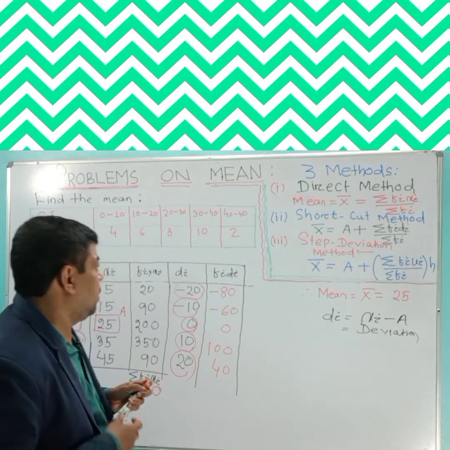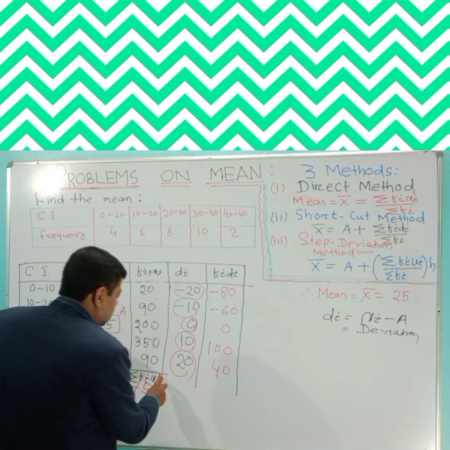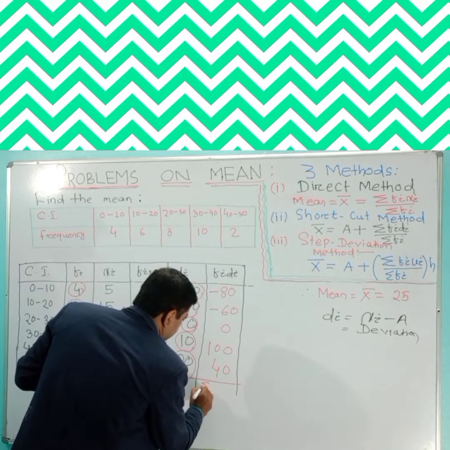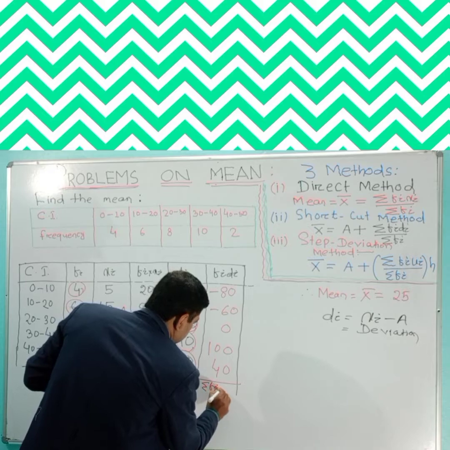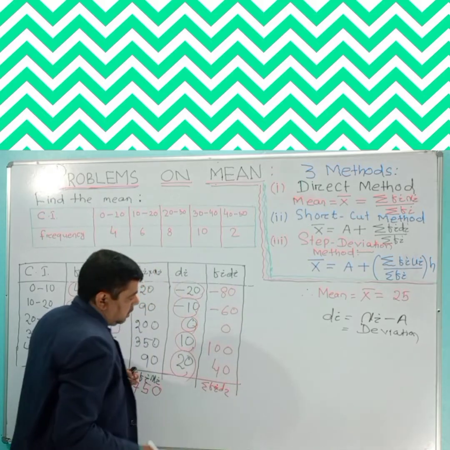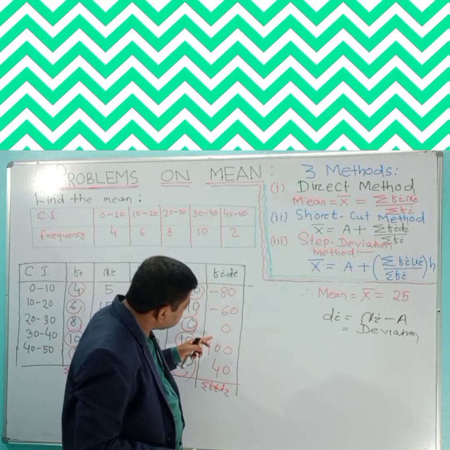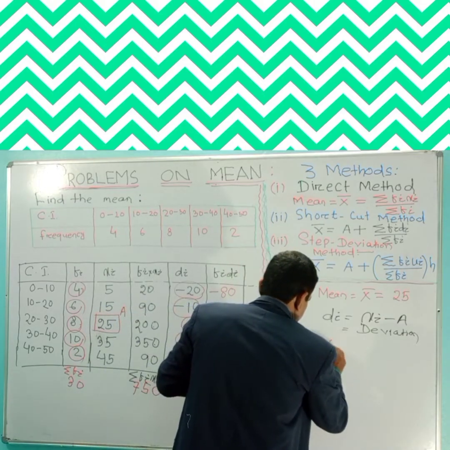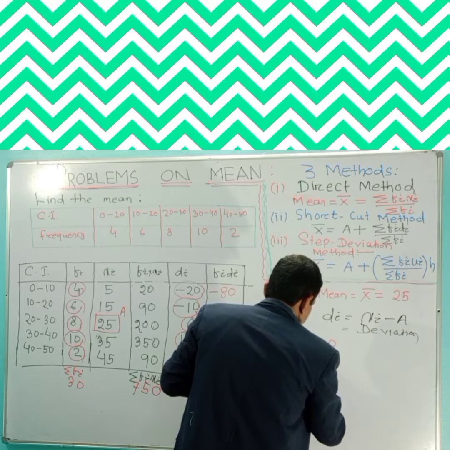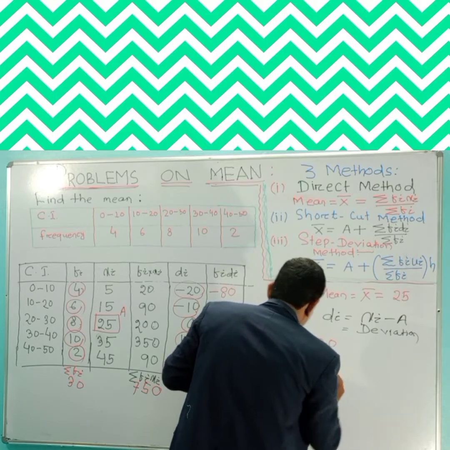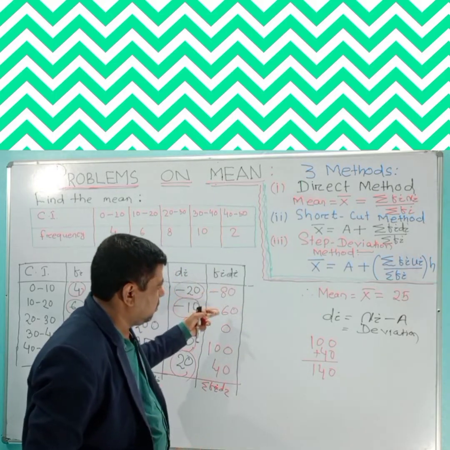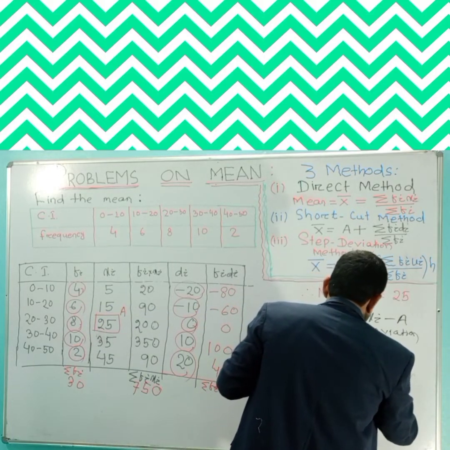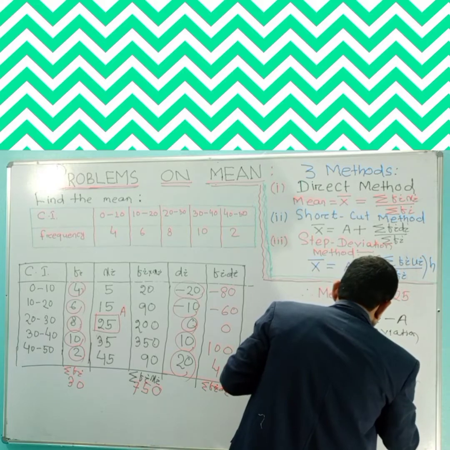Then you take the summation of fi di. You add this column very simply. Taking the positive numbers, 100 plus 40 is 140. Then minus 80 minus 60 is minus 140.